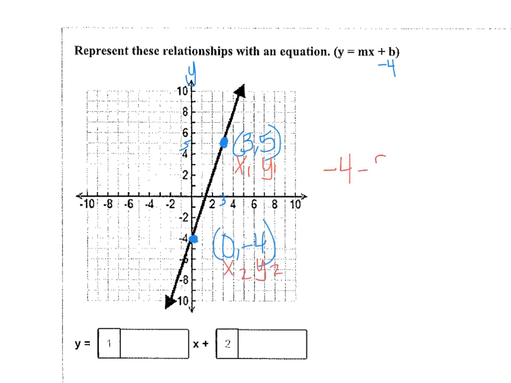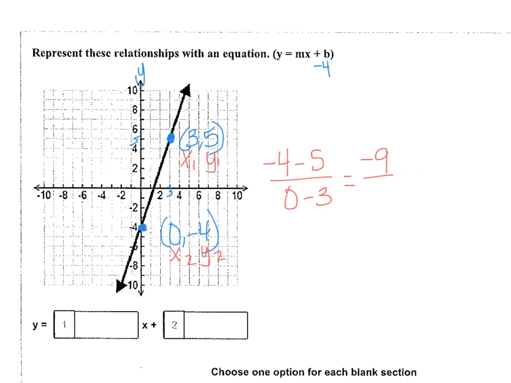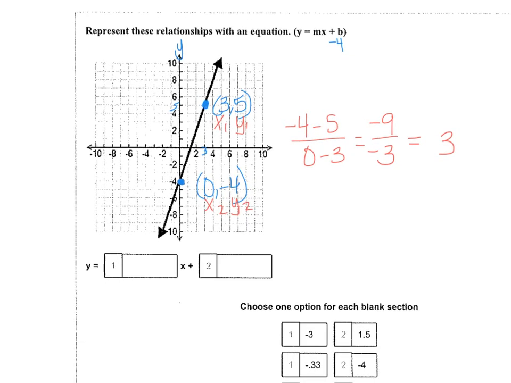So -4 minus 5, and 0 minus 3. -4 minus 5 is -9, and 0 minus 3 is -3. So -9 divided by -3 gives me a +3. If we wrote that all out in our slope-intercept form, it would look like y equals 3x minus 4.